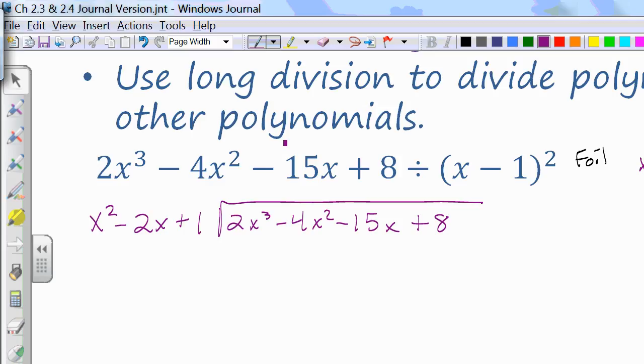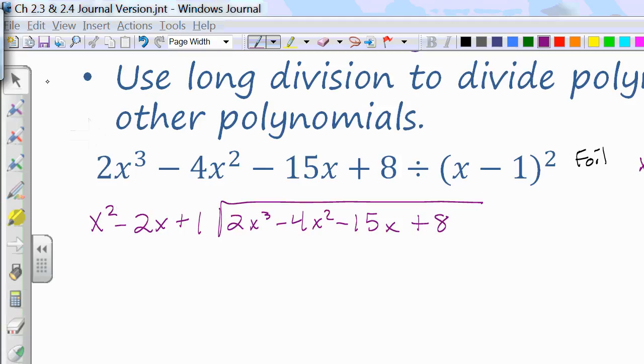So I have to ask myself, what do I multiply x squared by to get 2x cubed?